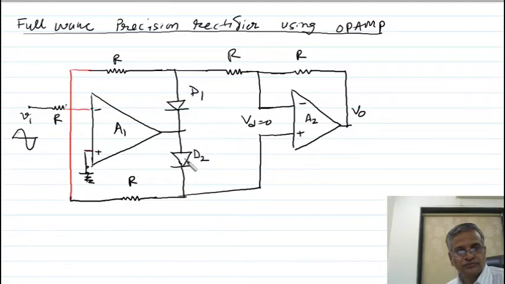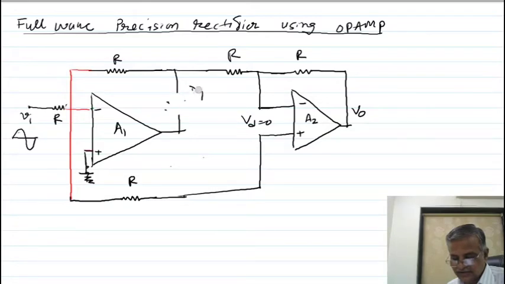So this behaves as an open circuit, this behaves as a short circuit. Open circuit means no need to connect this. Short circuit means I can show it like this.